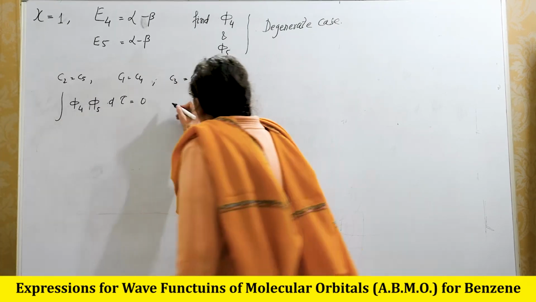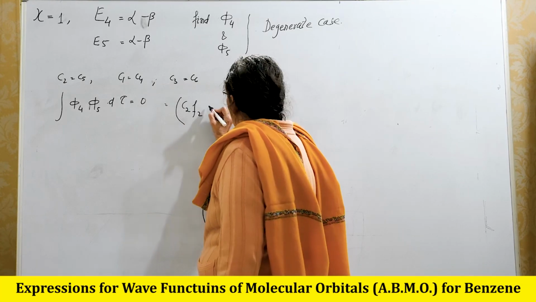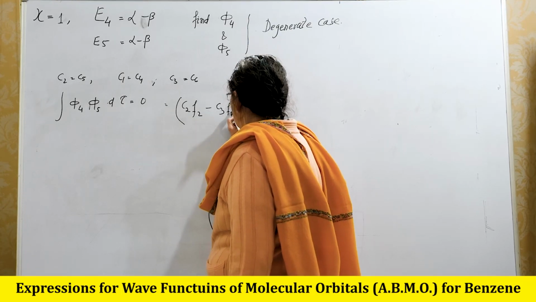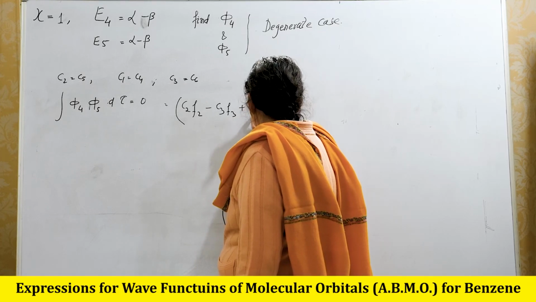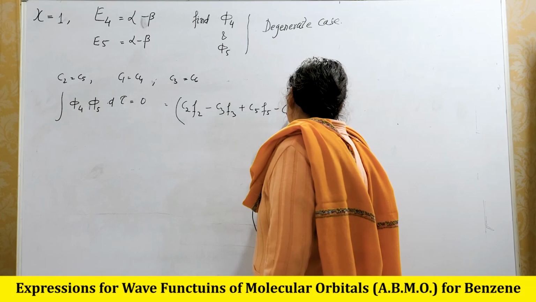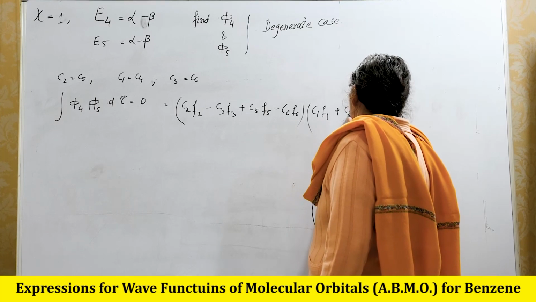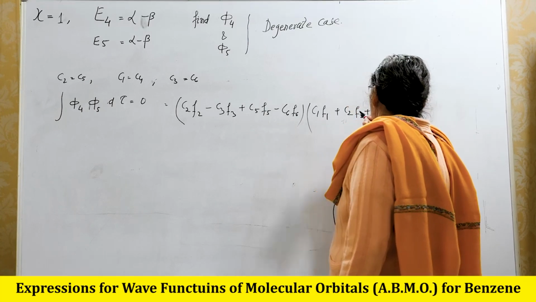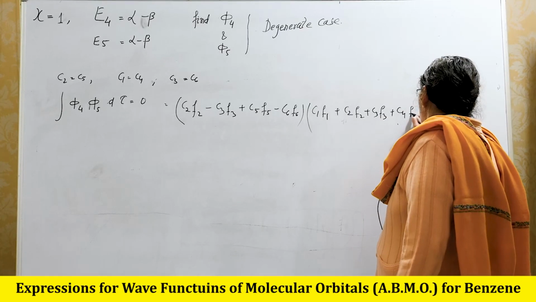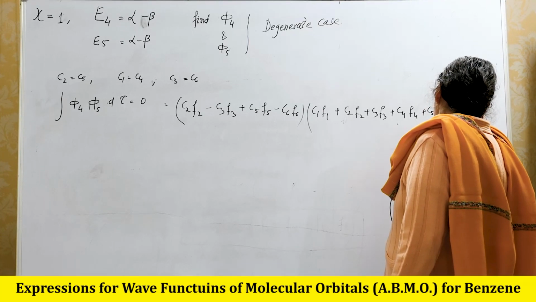So phi 4 is C2 F2 minus C3 F3 plus C5 F5 minus C6 F6, multiplied by C1 F1 plus C2 F2 plus C3 F3 plus C4 F4 plus C5 F5 plus C6 F6.